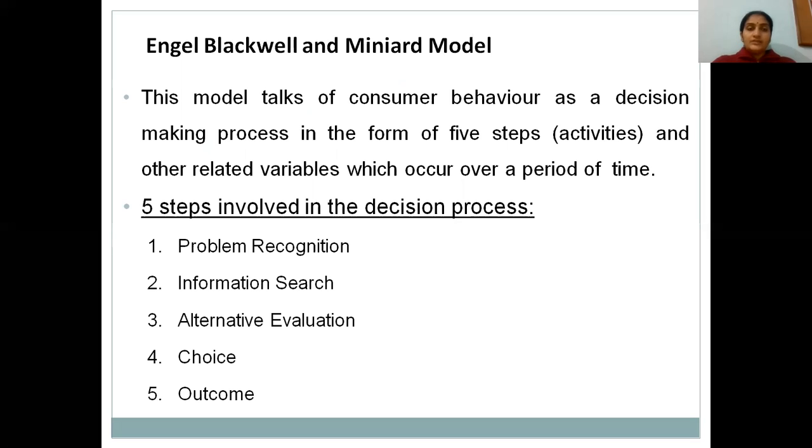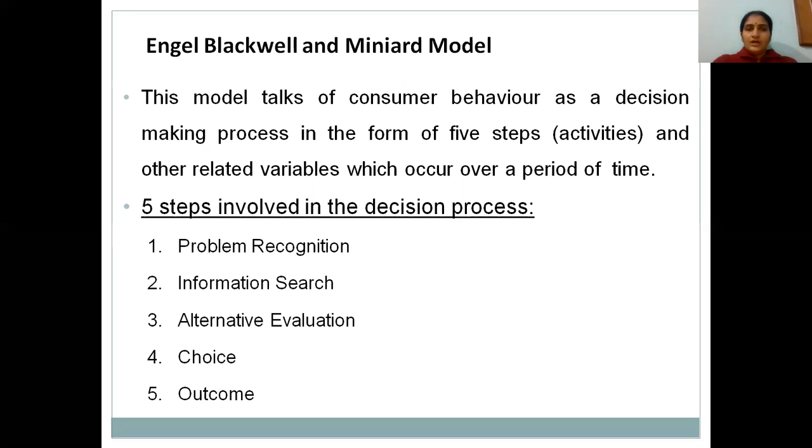Now, this model talks about consumer behavior and the decision making process in the form of 5 steps, or we can call them 5 activities, and other related variables which occur over a period of time.